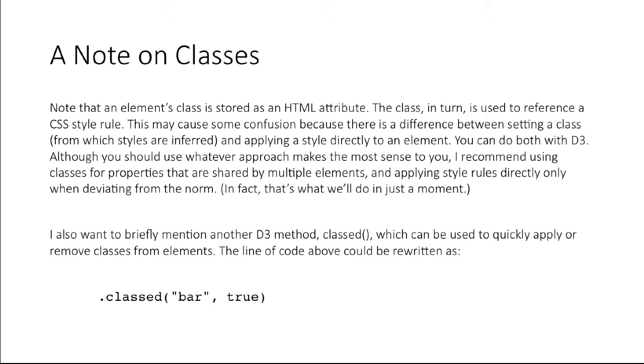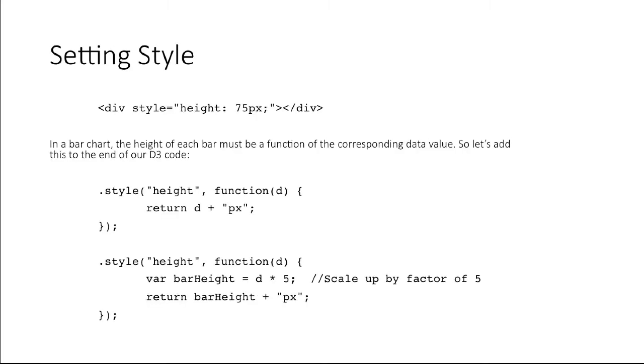But there is a built-in D3 function which is called classed. And it's a really useful way of adding classes because you can make a class true or make a class false, which means you can remove classes. So sometimes you may want a class on an object on a rollover, but when you roll out of it, you want that class to be removed. Okay? We'll come back to that.